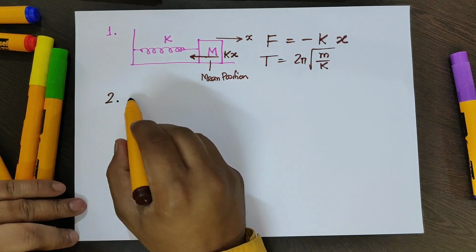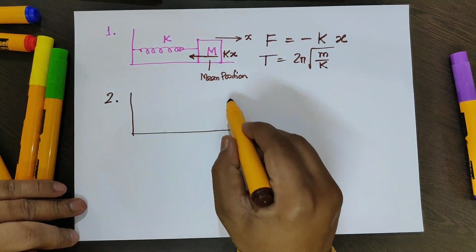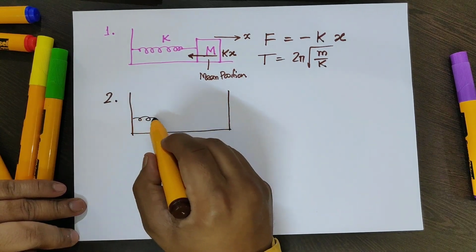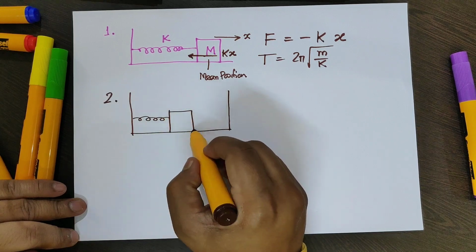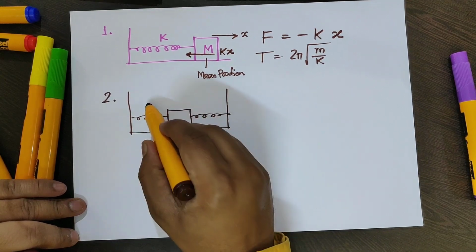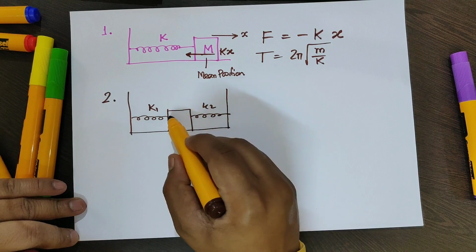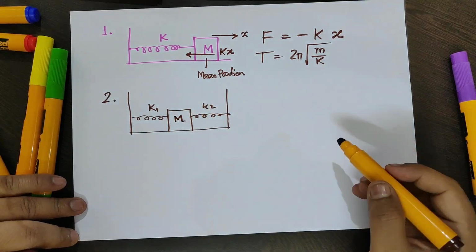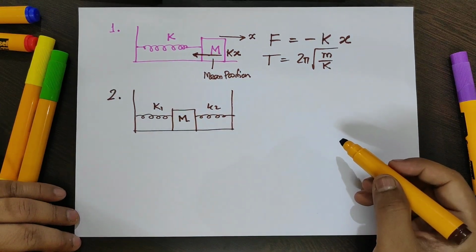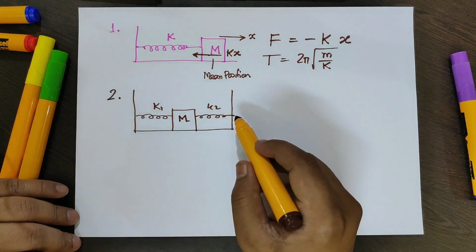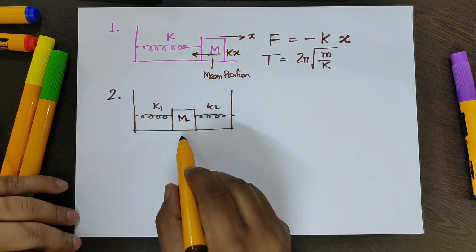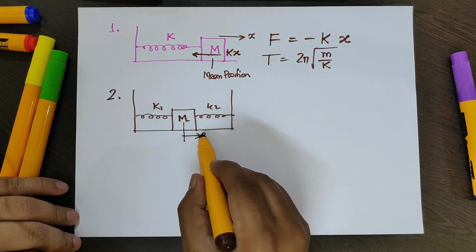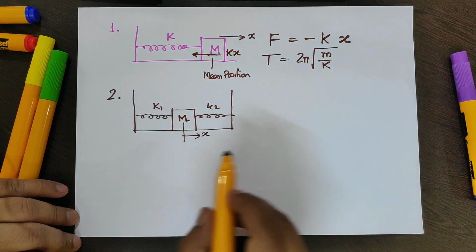Next problem. Say I have two springs, K1 and K2, attached to the block. Right now the block is at rest and both the springs are at their natural lengths. So now if you displace the block by x, what will be the forces in the springs?